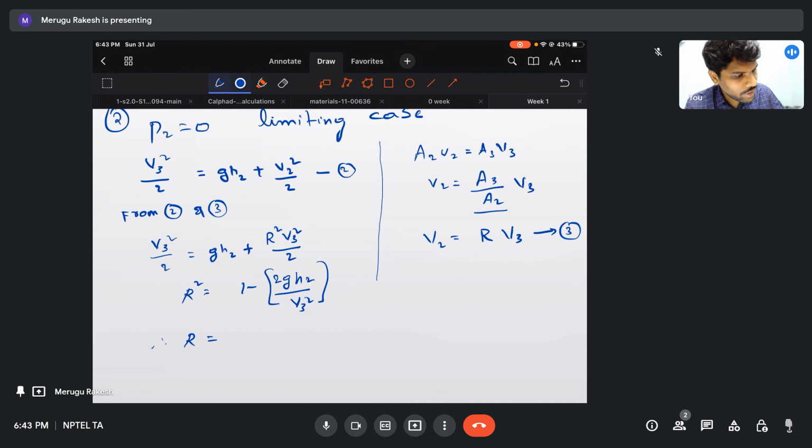so before going to this R directly, now see, again we know that V3 squared is equal to 2g into the total height of the casting.